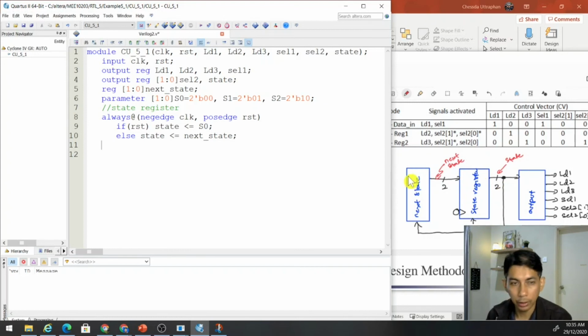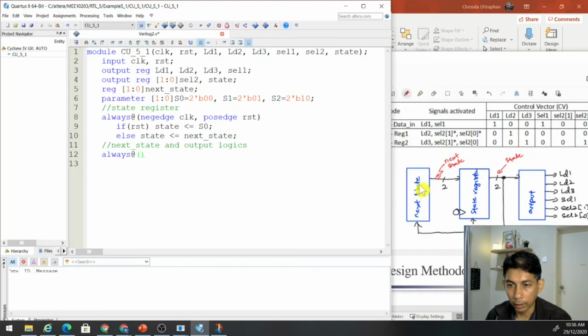Okay, so this should be this state register. Now we want to create the combinational circuit, which is this one and this one, right? We call it next state and output logic, using the always block, right? Now the sensitivity list.